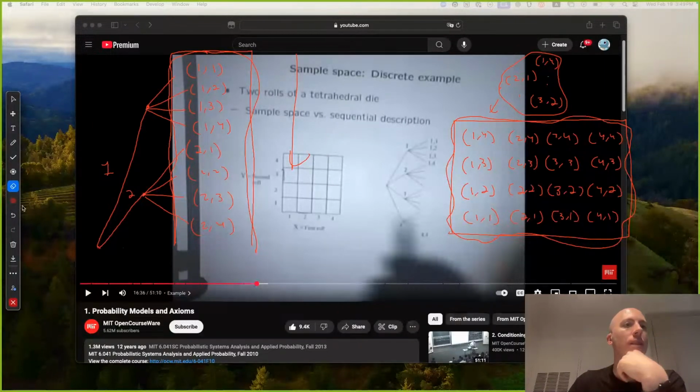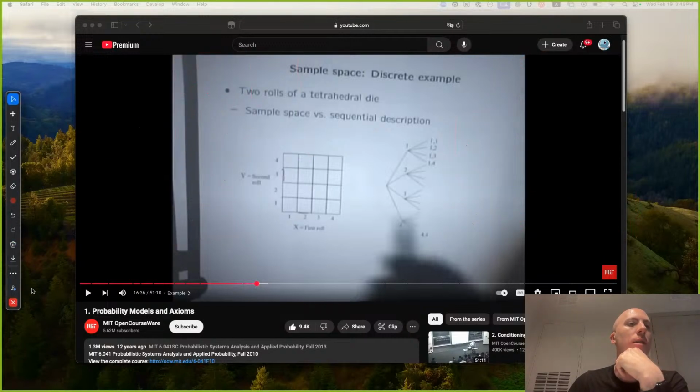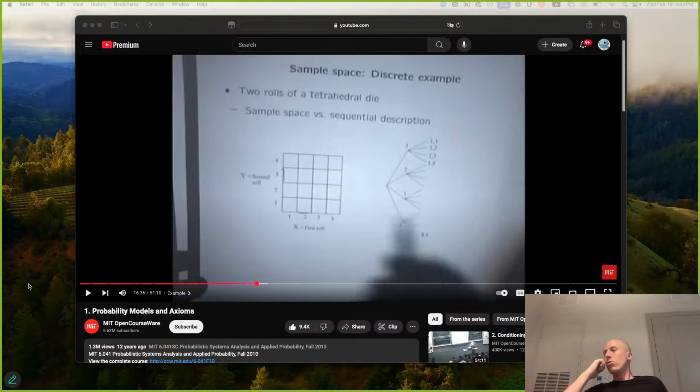Different ways of drawing the sample space so that the structure just pops out immediately, where you can just see the structure. You see how different outcomes are related.